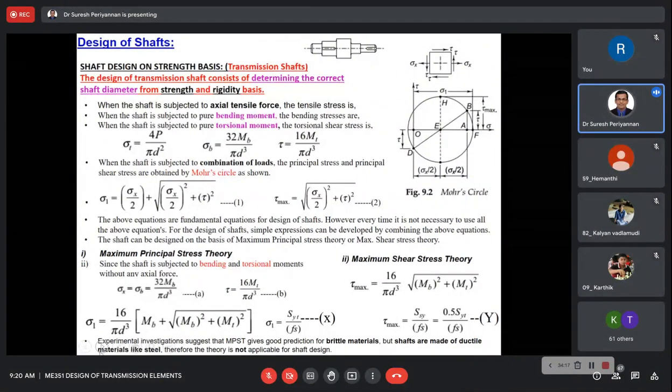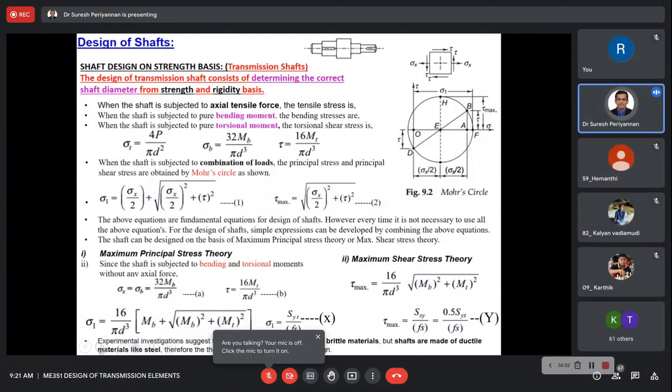Okay, first, one by one, we see shaft design based on strength. The shaft diameter can be determined through strength basis and rigidity basis. These are things we already discussed in DME or strength of materials, in the earlier subjects you studied in second year and third year.